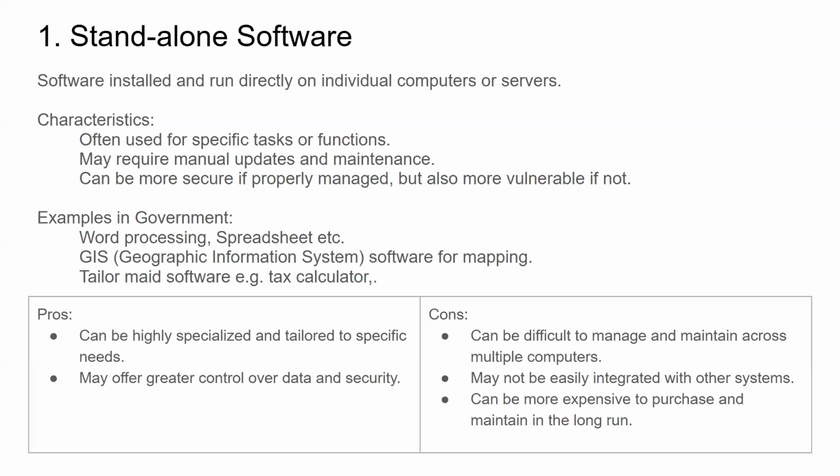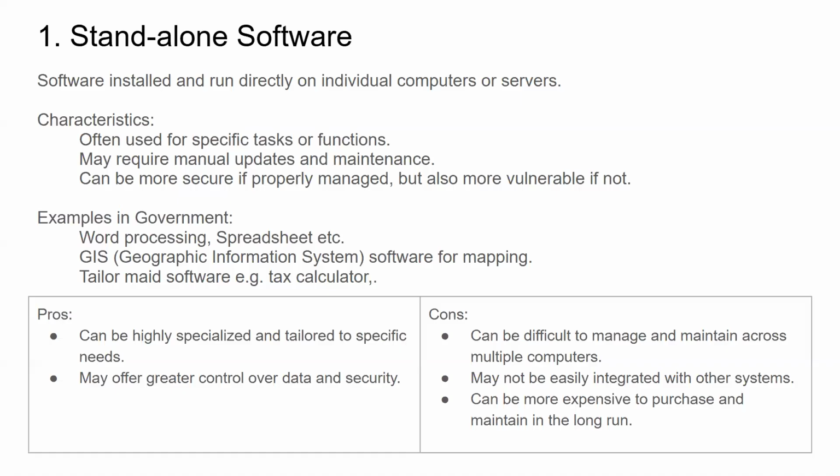There are advantages and also some disadvantages. Advantages: it is very simple and also highly specialized for a specific task. For example, MS Word has so many options, tools and extra services for word processing, and you have the control.